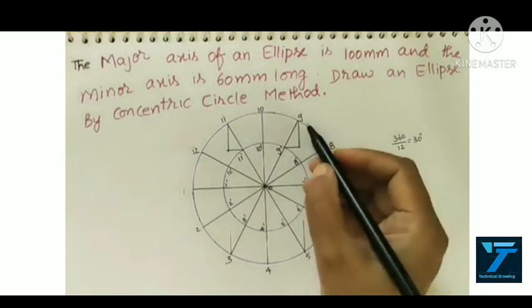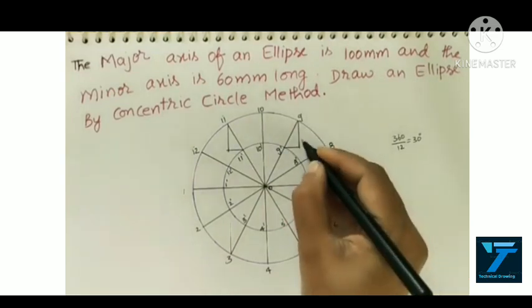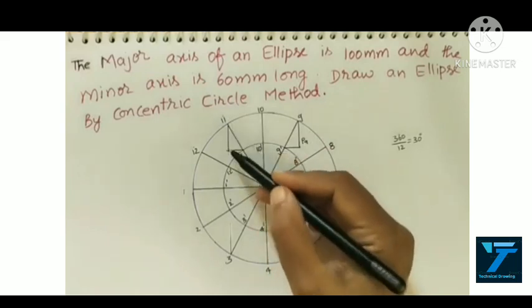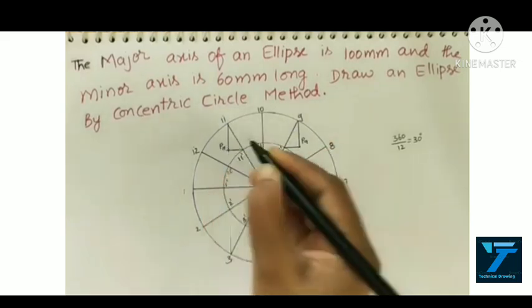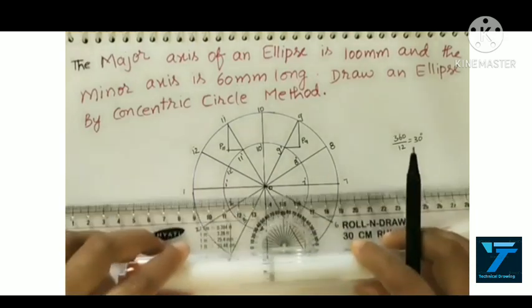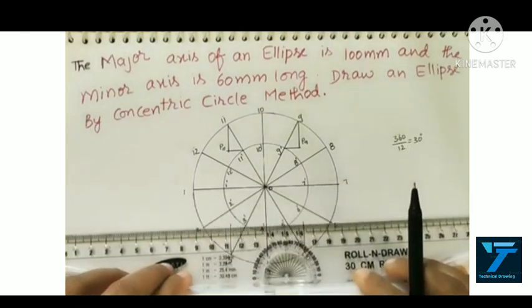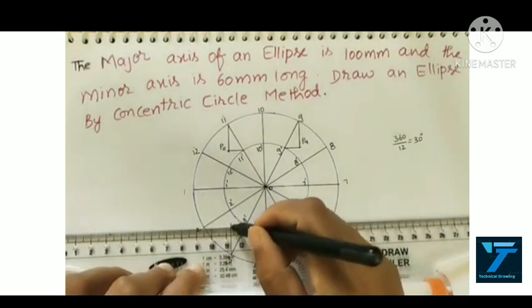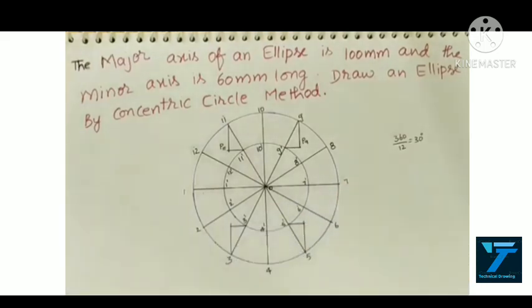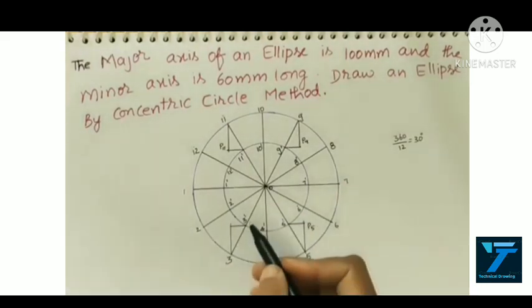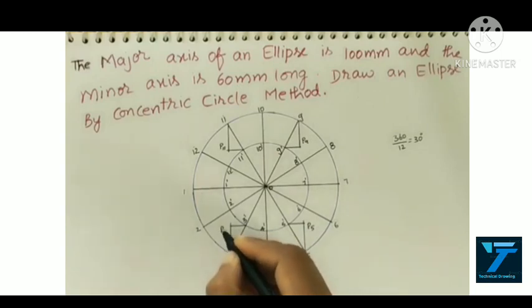The intersection of 9 and 9 dash we take as P9, and 11 and 11 dash as P11. Similarly at 3 dash and 5 dash also draw the horizontal line. The 5 and 5 dash intersection is P5, and 3 and 3 dash intersection is P3.